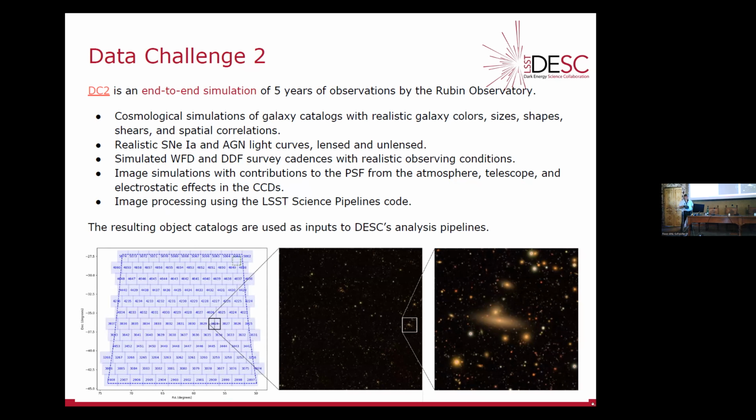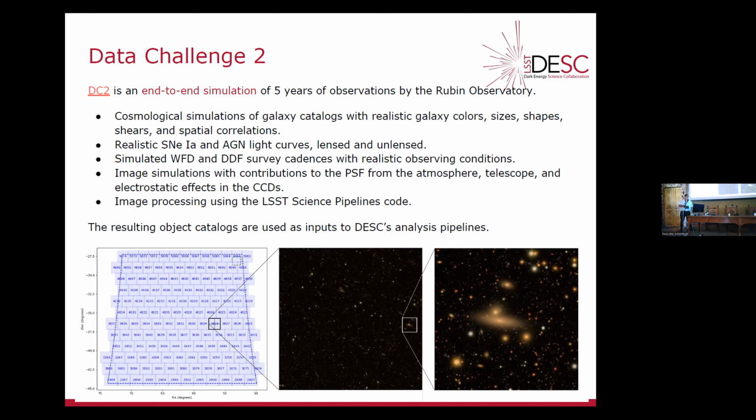The ingredients are a cosmological simulation of a galaxy catalog with realistic galaxy colors, sizes, shapes, shears, and spatial correlation; realistic supernova and AGN light curves, which are lensed or unlensed; simulated wide-fast-deep and deep drilling field survey cadences with realistic observing conditions; image simulation with as realistic as possible contributions from the PSF, from the atmosphere, the telescope, and electrostatic effects inside the CCDs; and image processing using the standard LSST science pipeline codes provided by data management.